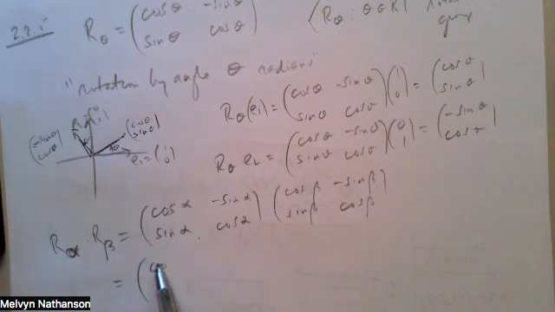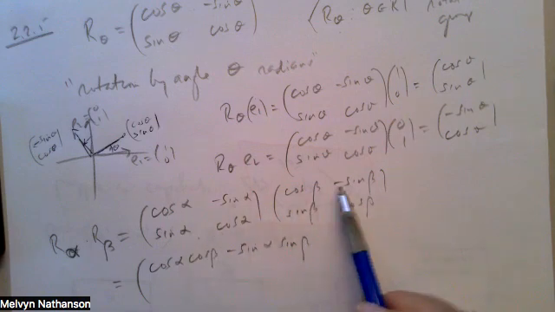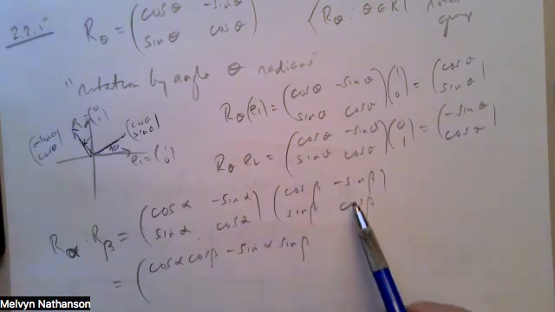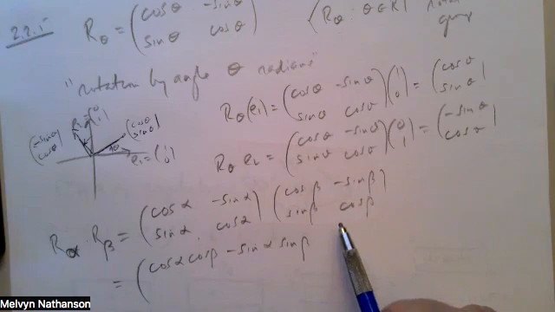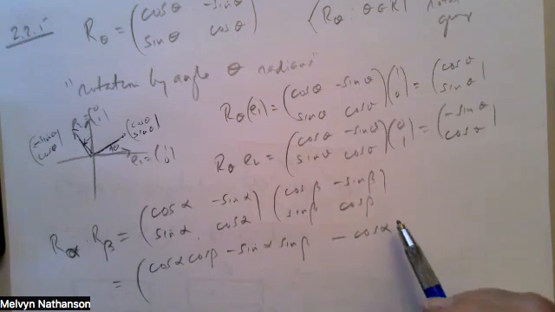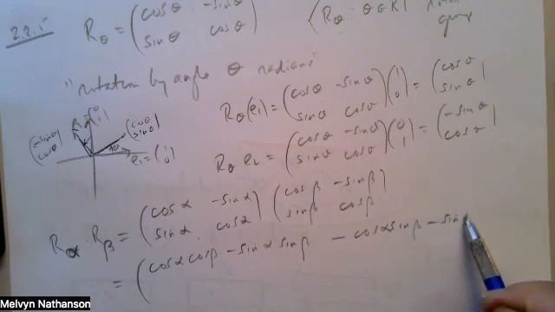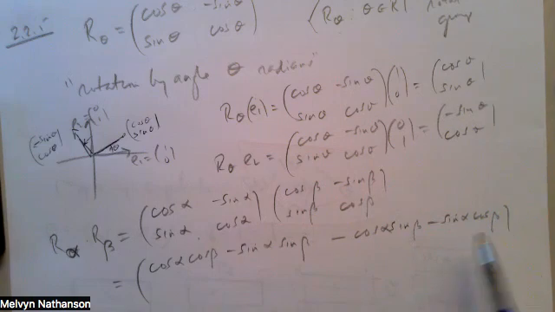This is cosine alpha cosine beta minus sine alpha sine beta. And first row, second column, we get minus cosine alpha sine beta minus sine alpha cosine beta.